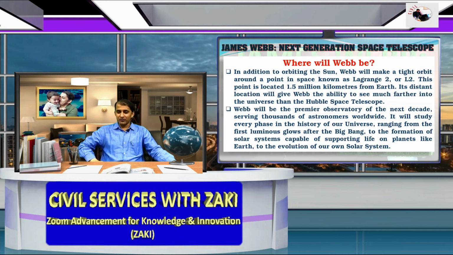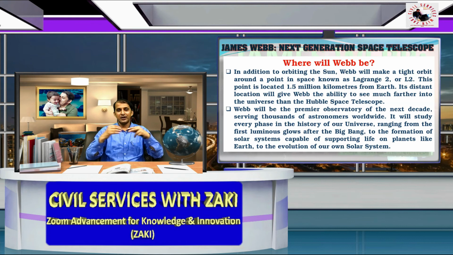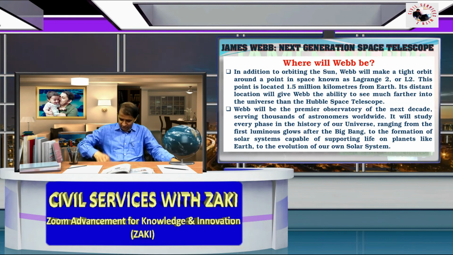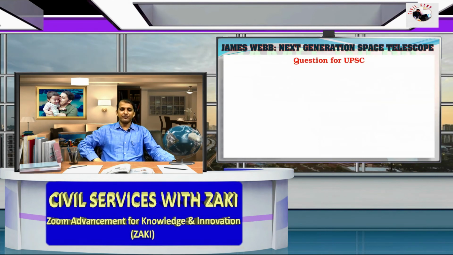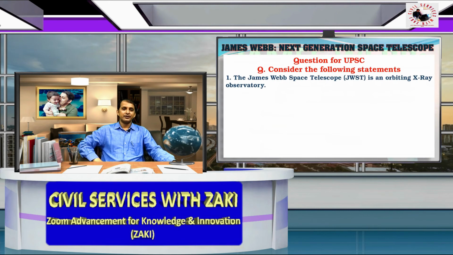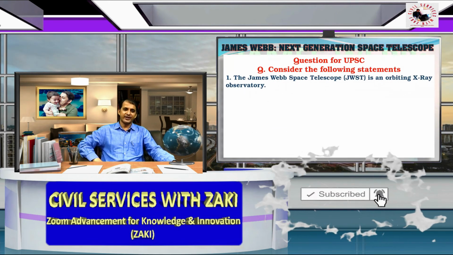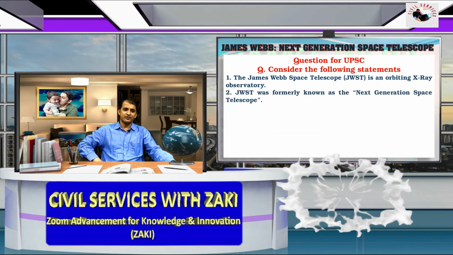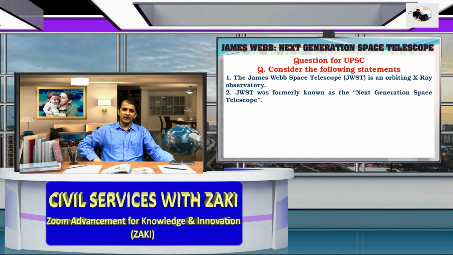So we move forward and see the relevance of this topic for the UPSC, and that's why it is a question for the UPSC. Consider the following statements. Statement 1: James Webb Space Telescope is an orbiting X-ray observatory. Statement 2: James Webb Space Telescope was formerly known as Next Generation Space Telescope.